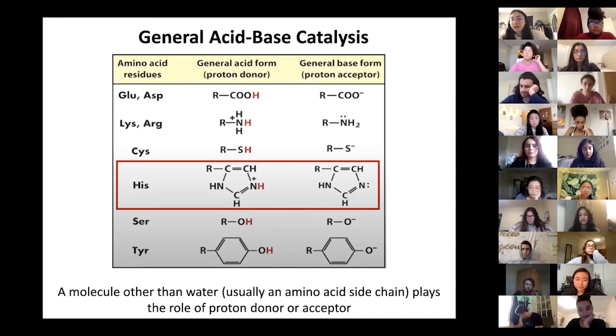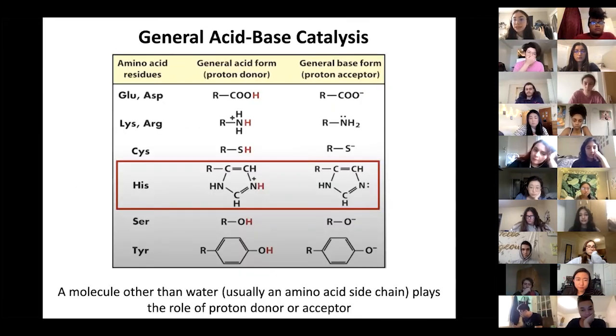And by transferring a hydrogen ion, the active site may activate nucleophiles required in catalysis or stabilize charged groups or increase electric interactions that may stabilize the transition state. So in this table here, we can see the amino acid residues that act as proton donors or acceptors, again, depending on their specific pK and what pH the reaction is taking place in.